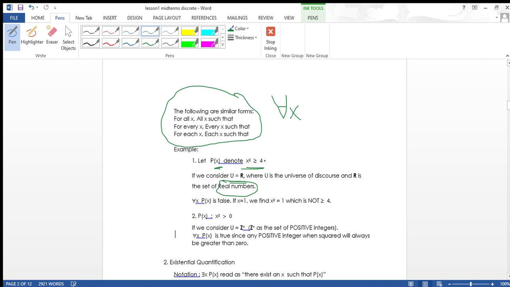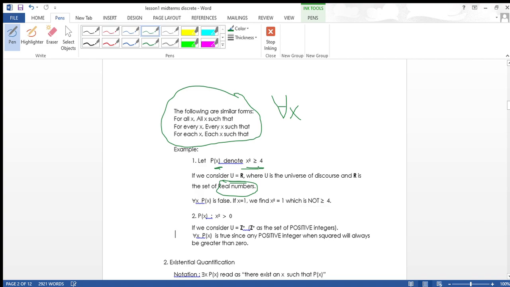So if we will convert this into a proposition using the universal quantifier, we are now saying that our x must be for all possible real numbers. Okay. So if we want now to examine the truth value of this one, for all.